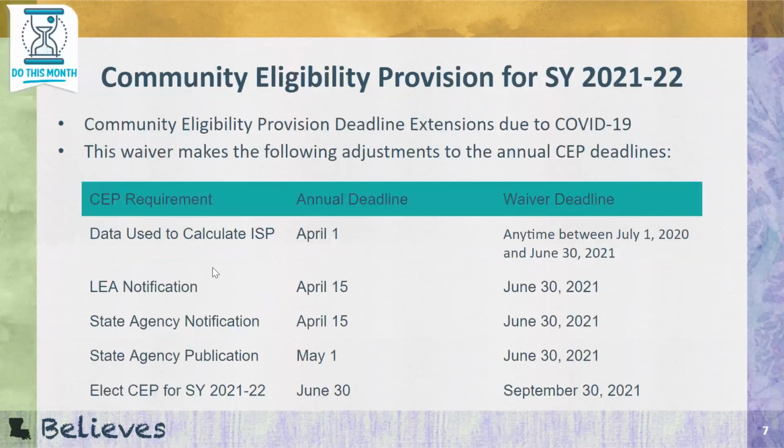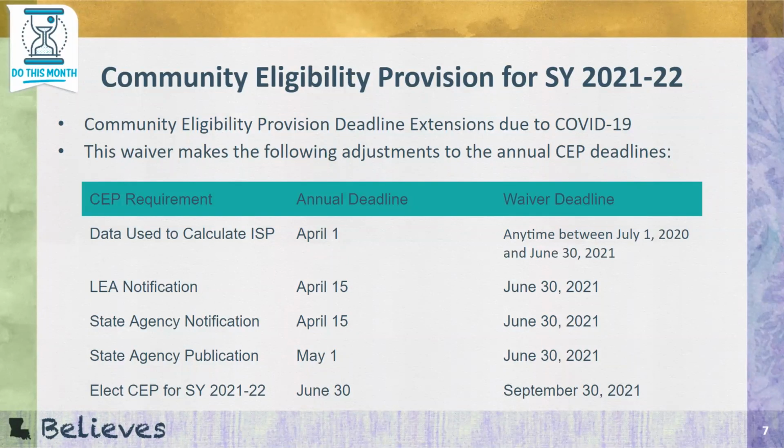So the community eligibility provision deadlines for this school year: the first deadline that has been extended is the annual deadline for the data used to calculate ISP. Typically we use that single point in time of April 1st as the day on which we pull the enrollment and the identified students.